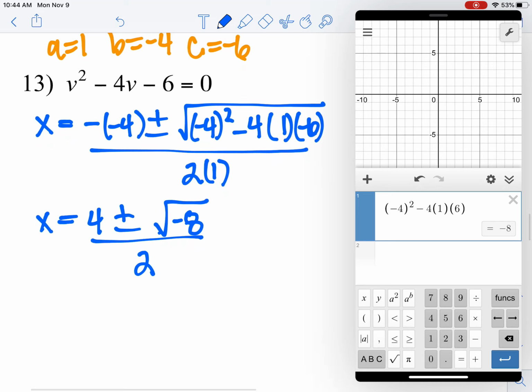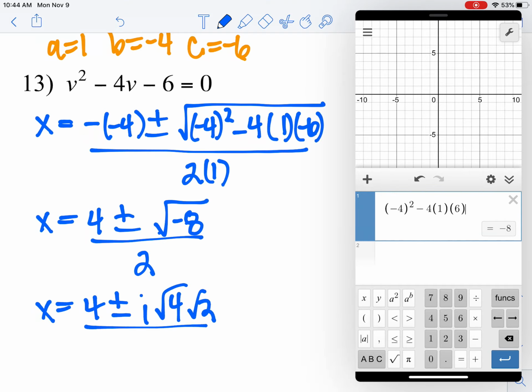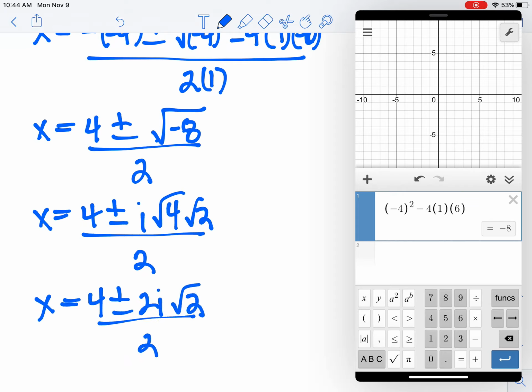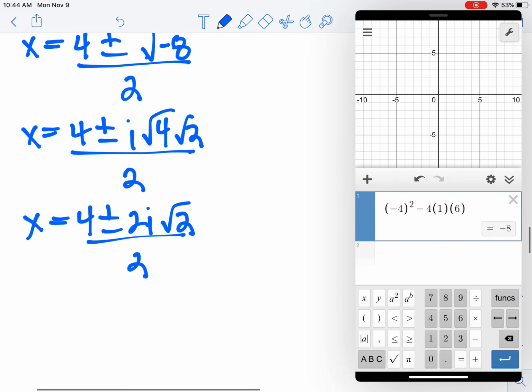Okay? Well, the minute we see that under the radical we have a negative, we should hopefully remember to pull out an i. So this gives us 4 plus or minus i, then radical 4 radical 2 is how we would simplify. Well, if I simplify that one more step, the square root of 4 is 2. Now, on your test, I would accept that answer, but the more correct answer is actually simplified.